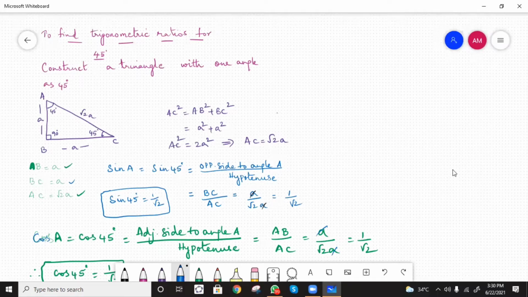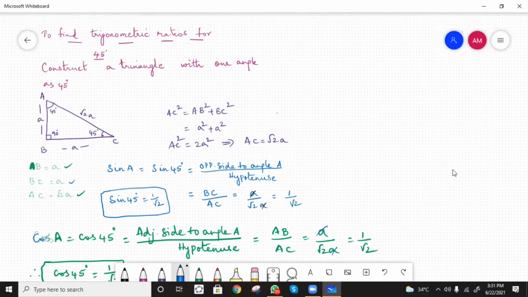This is an isosceles right angle triangle. So if one side is A, then the other side is also equal to A, and hypotenuse will be equal to root 2A by Pythagoras theorem. So from that we can easily find what is sin 45, what is cos 45, and what is tan 45.